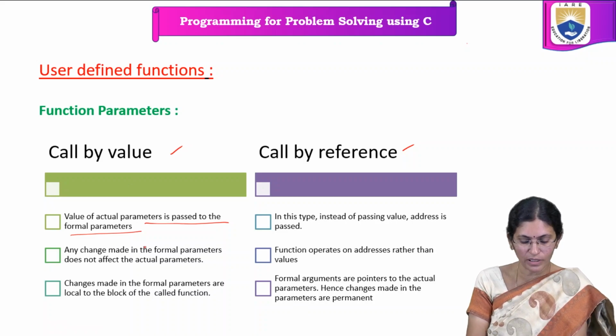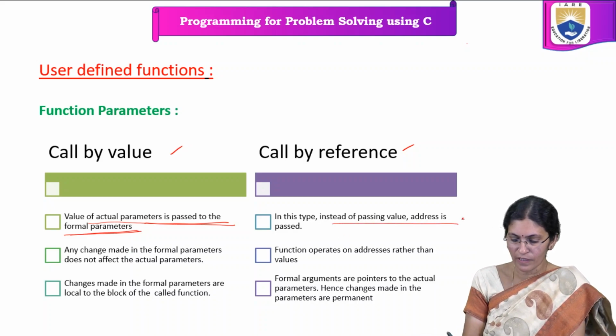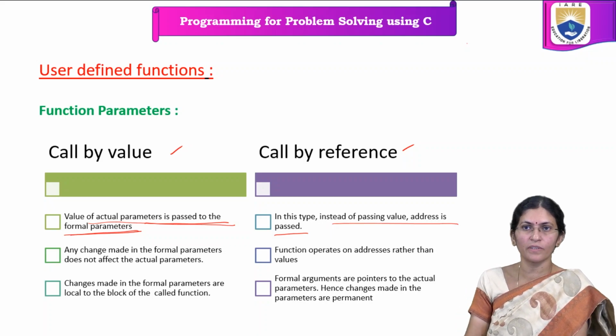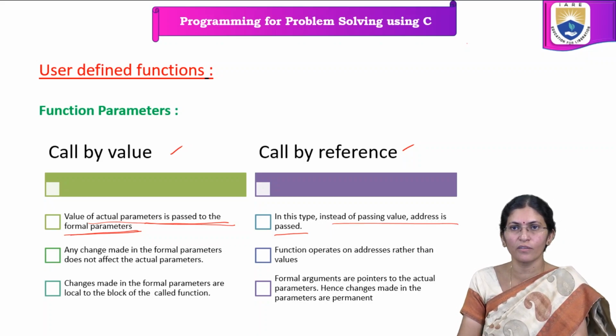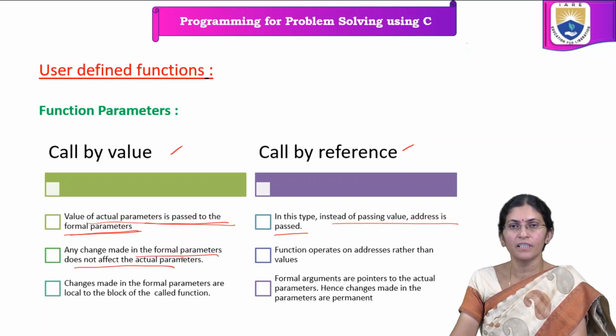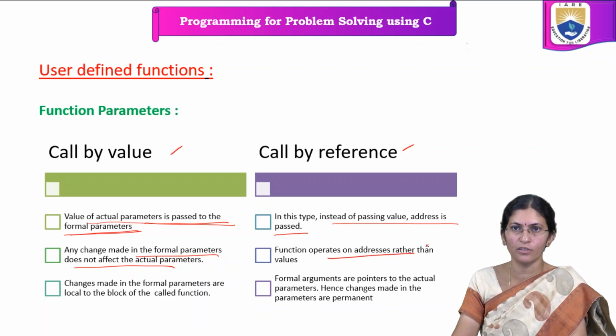So in call by value method, the value of actual parameters is passed to the formal parameters. In call by reference, instead of passing the values, we are passing the addresses of the variables. In call by value, any changes made in the formal parameters do not affect the actual parameters. In call by reference, the function operates on addresses rather than values.